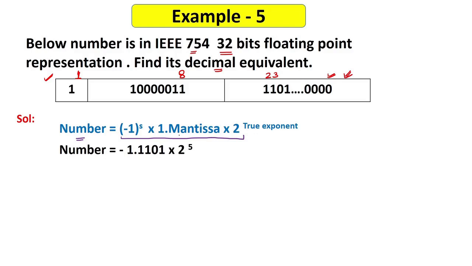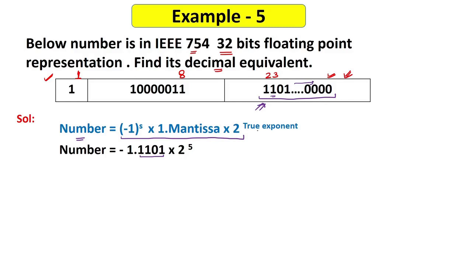Now what will the Mantissa be? Here you can see this is the Mantissa, and we have seen that we did nothing with the Mantissa. Whatever we got as the Mantissa in our normalized form, we stored as such in the Mantissa part. The only difference is that these extra zeros will be there. That is not a big issue, but this 1101 is the same thing.